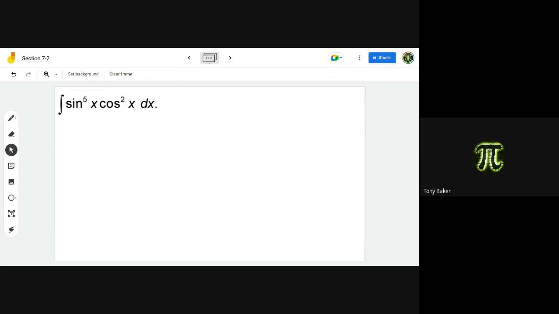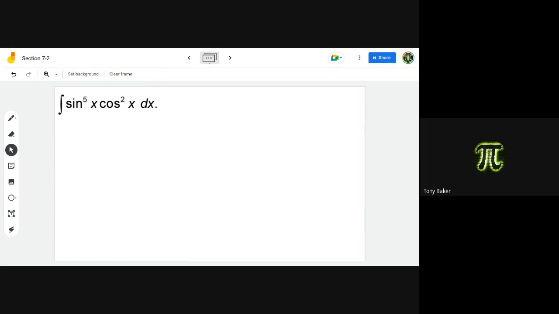Because if we think back to what I just did in the last one, the goal is to get the derivative of it left over, and everything else has to be in terms of what u is. So do I want to make u sine or do I want to make u cosine?